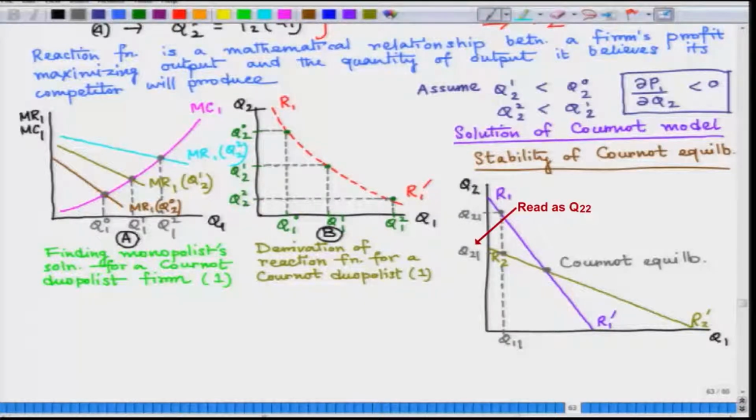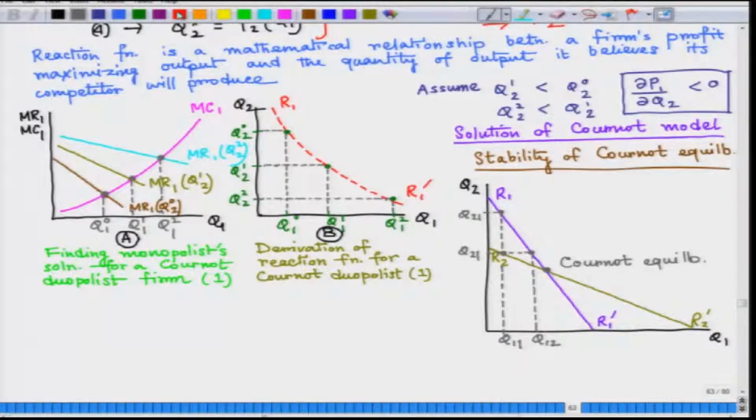So, the same process follows, as firm 1 now sees that firm 2 will choose some output level Q22, it will refer to the reaction function R1 prime, and from that reaction function it will come down to the Q1 axis to find out the profit maximizing output level in this case, which is Q12, and this process will continue until these two firms reach the initial Cournot equilibrium point, which is given by the intersection of these two reaction functions.